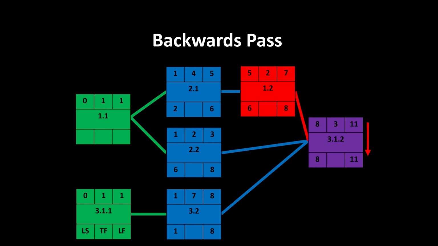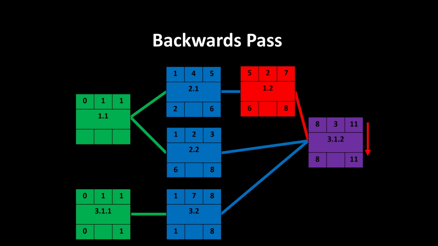We can then, of course, pass that 1 back again. So now for our green box at the bottom, we've got a latest finish of 1 minus our duration. The latest we're allowed to start that is 0.